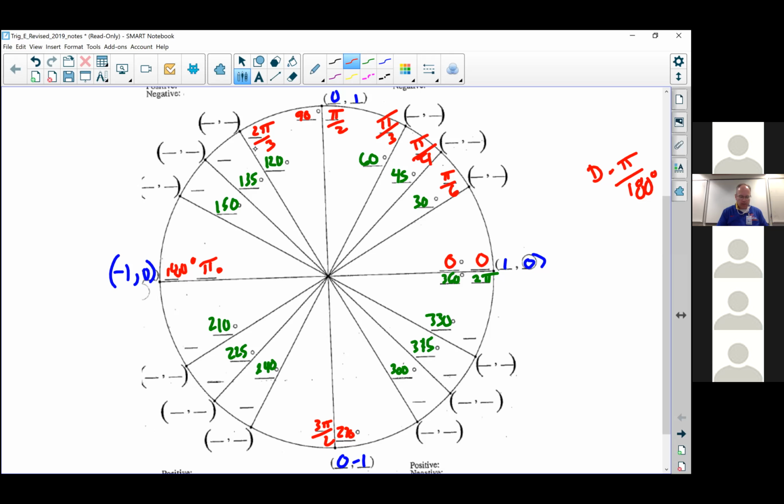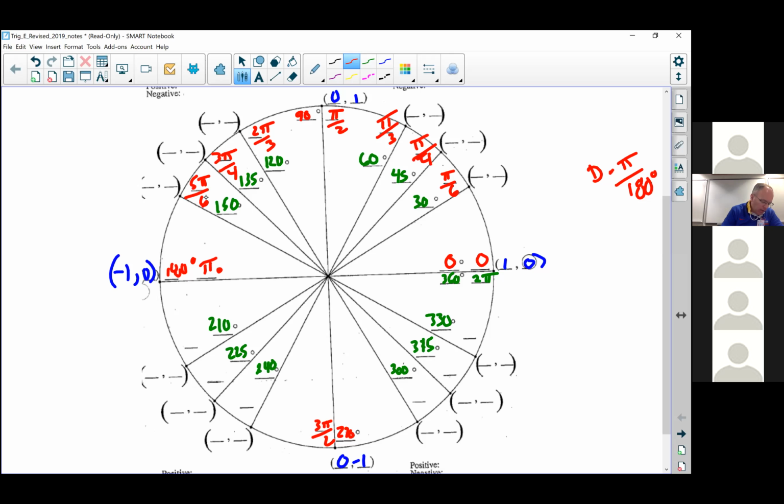If I go through the math, it's going to be 3 pi over 4. Then 150, so 15 divided by 18, so that's going to be 5 pi over 6.